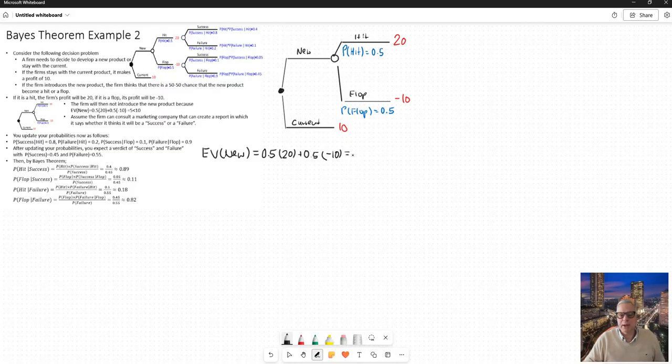So you can expect 0.5 times 20, 10, plus 0.5 times negative 10, minus 5, you can expect to make only a profit of 5.